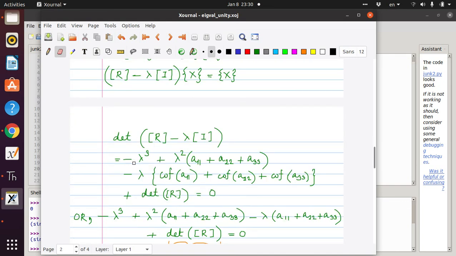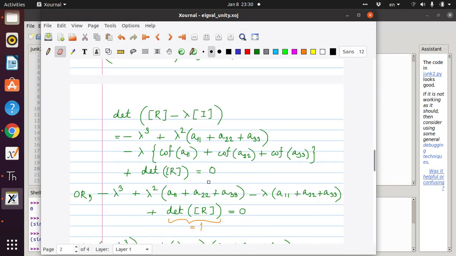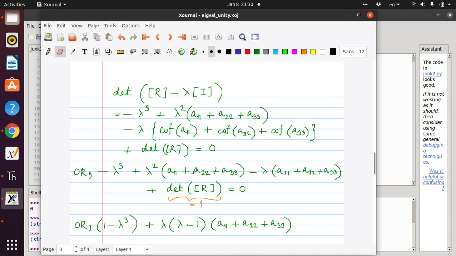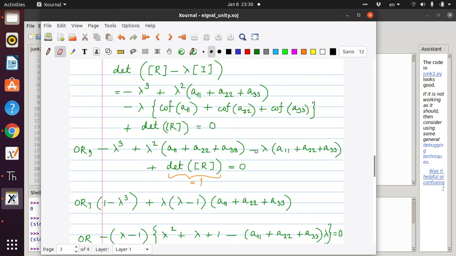We know the determinant of this is this, and the determinant of R is 1. The determinant of a rotation matrix is 1, and the cofactor of A11 is A11 itself, the cofactor of A22 is A22 itself, and the cofactor of A33 is A33 itself. So this simplifies the thing.